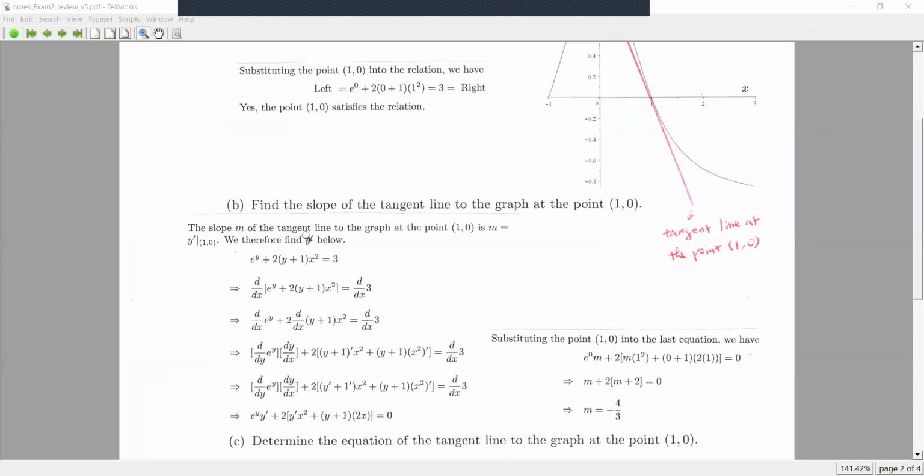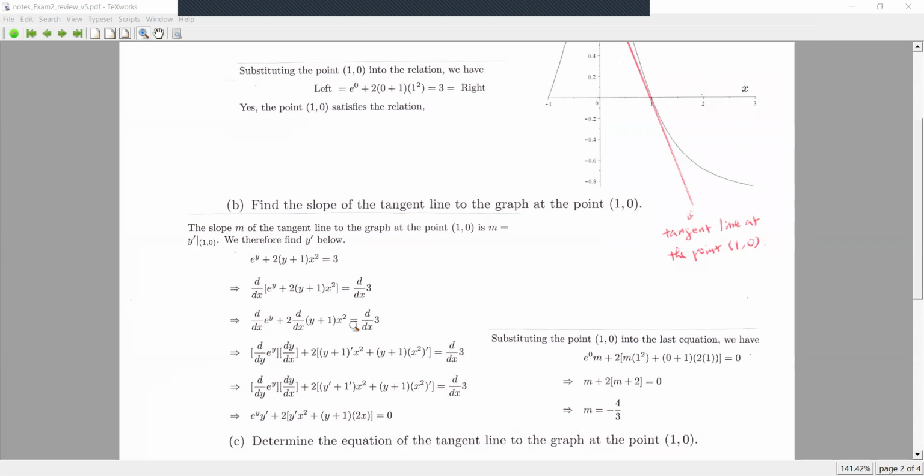To find the derivative y prime, take the derivative on both sides of the given equation. Then we have this equation. Apply the summation rule to the derivative on the left side. Then we have this equation.